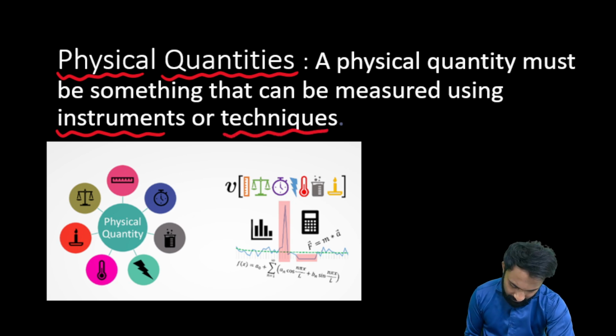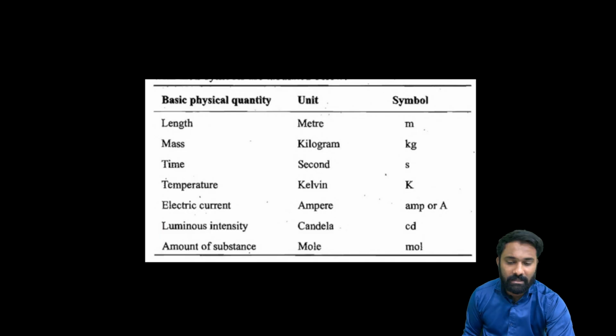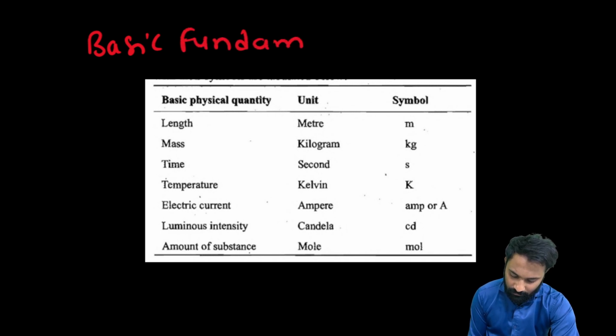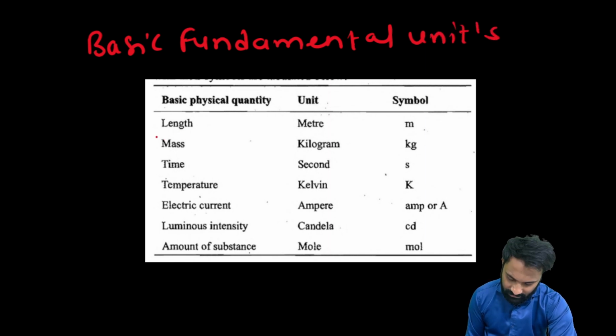What are the basic fundamental units that we have? First is length, the unit is meter, symbol m. Next, mass, kg.